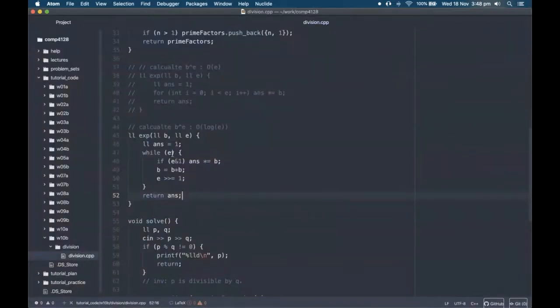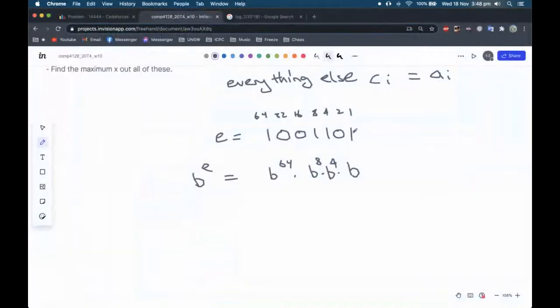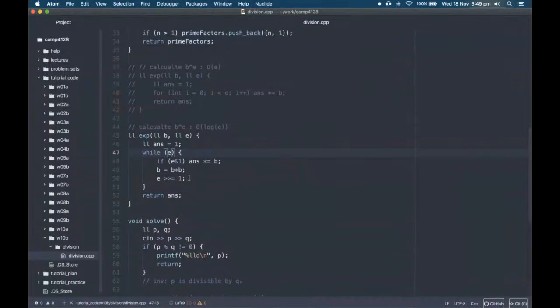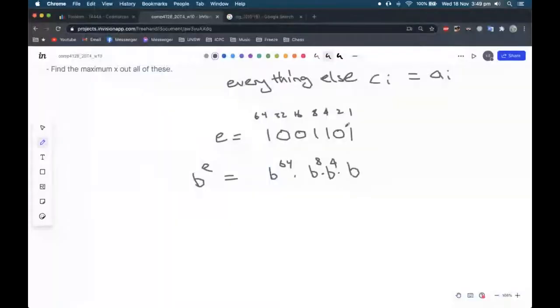So what does this actually mean? Each time we run the while loop, we bit shift e down by 1, which basically deletes the final bit in e. Eventually, when we delete these bits, e will become 0, in which case we stop.